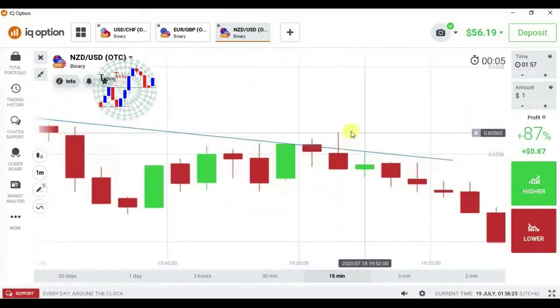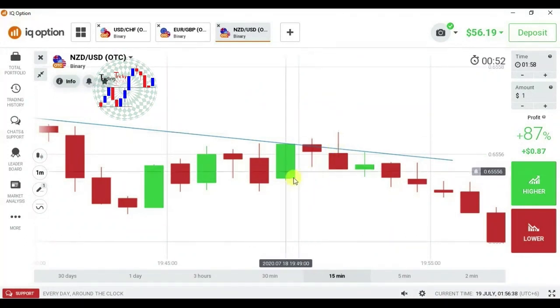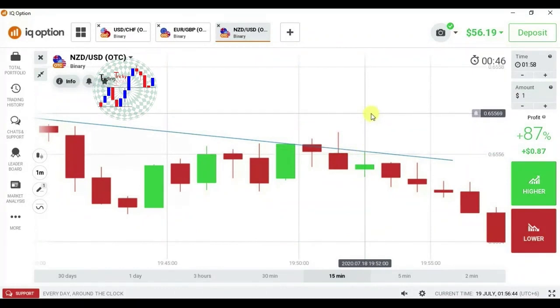Now, as this candle formed at the resistance area, though there is a new high, still this is a selling pressure now. But if the level is here or the level is here, then this is a buying pressure. After this candle you can expect a buyer's entry.